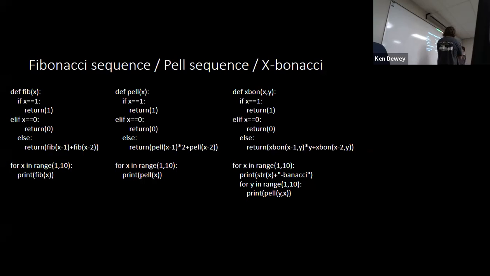So instead of multiplying the last number by 2, he's multiplying it by y, whatever you chose y to be, whether it be 37, 2, or 1, like the original Fibonacci, because any number times 1 is just that number. You could run xbond with a y of 1, and it would return exactly the same thing that Fibonacci would return.